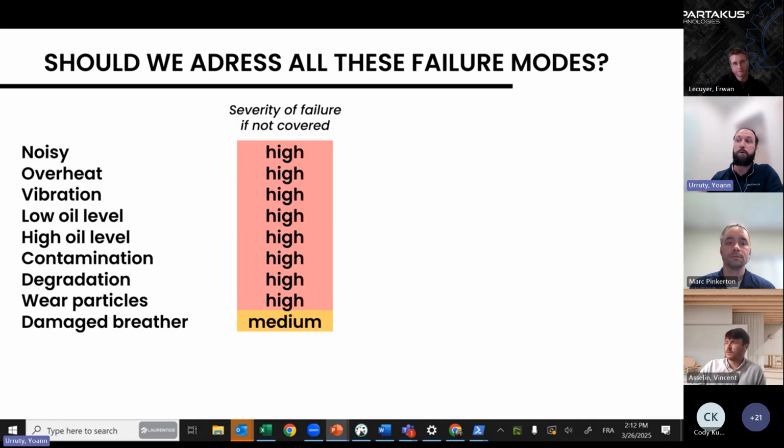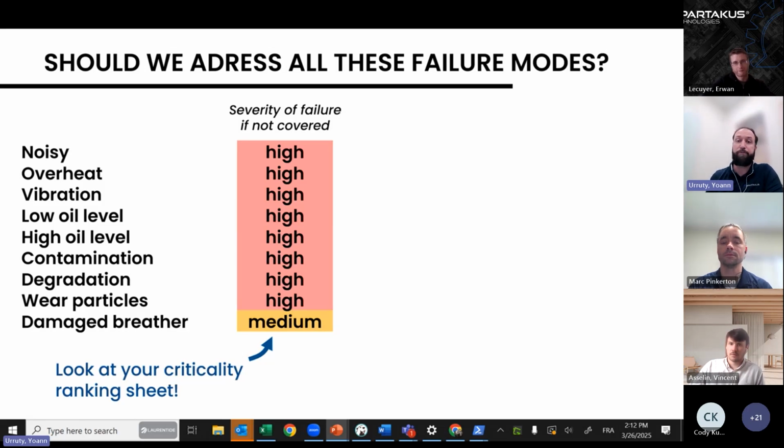And so, thanks to criticality ranking, you may end up with a catastrophic failure of the conveyor or the pump or whatever asset that gearbox is installed on, which will in the end impact production. Maybe it will shut down production for a couple hours because you'll have to replace the gear set or the entire gearbox or just the bearing, and so on and so forth. So really, not covering some of these failure modes may end up as a high severity.